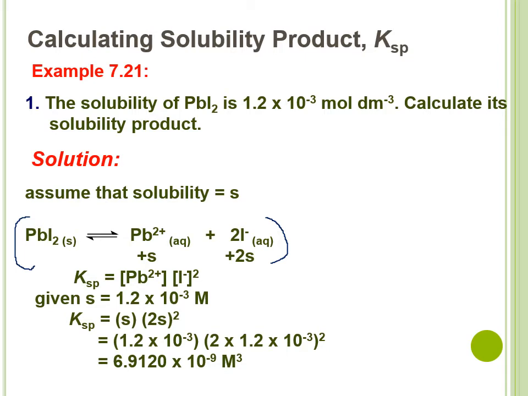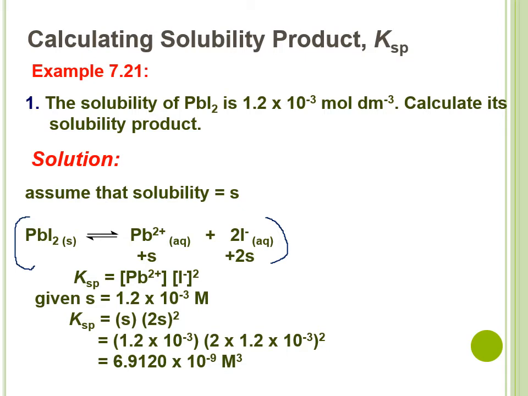So we know the Ksp expression is the concentration of Pb2+ multiplied by the concentration of I- to the power of 2, where S is given as the value 1.2 times 10 to the power of negative 3 molar. We insert the value S given from the question.